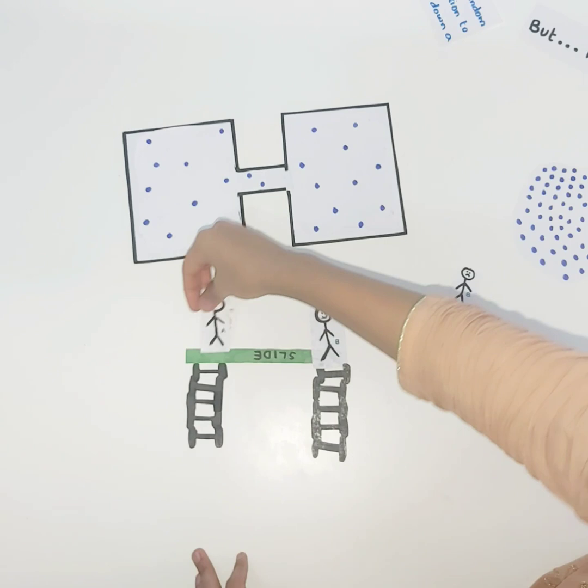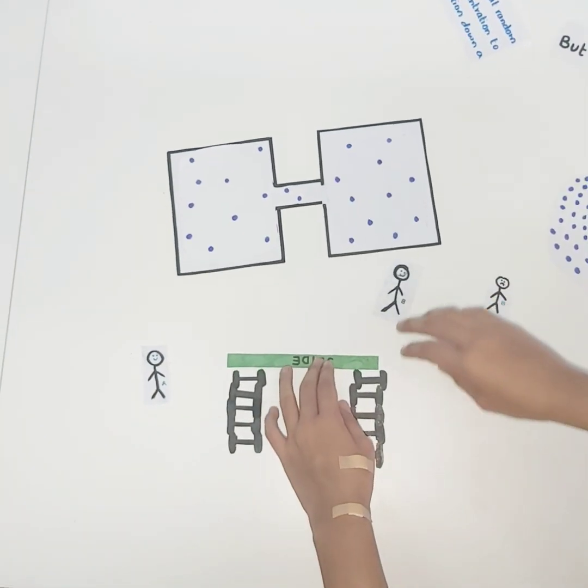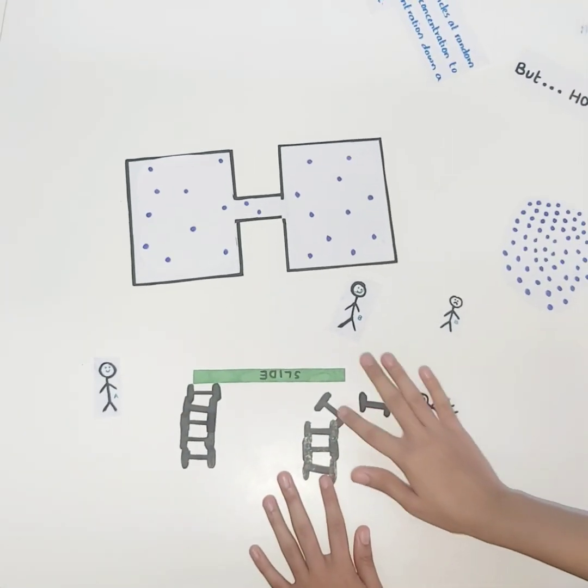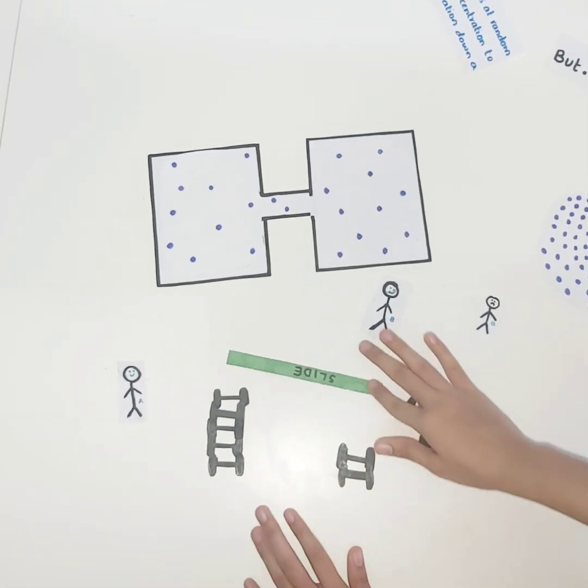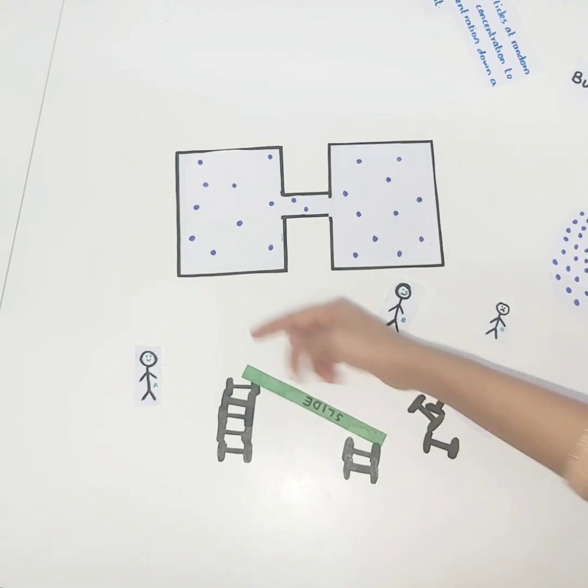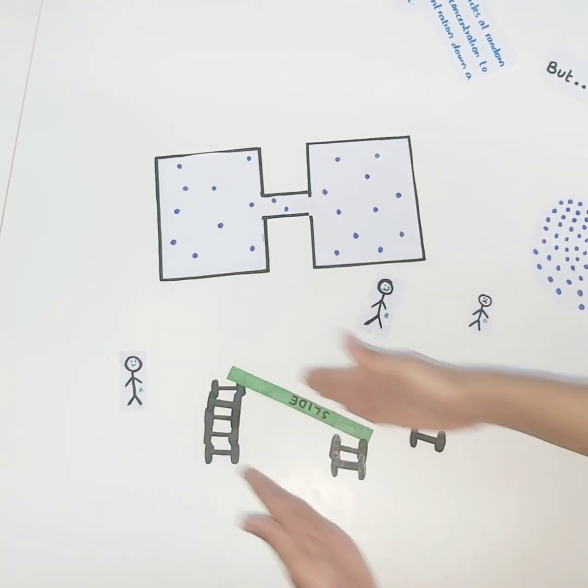So the point I'm trying to make here is that if you have a gradient, only then will the molecules be able to go somewhere.